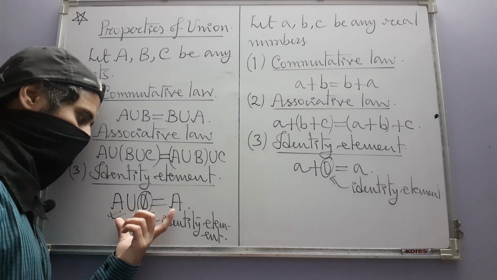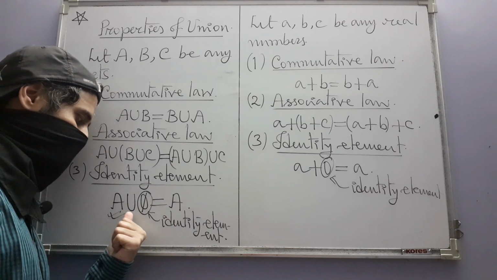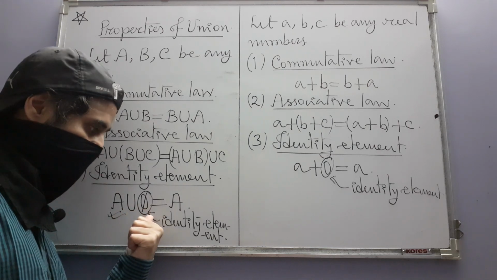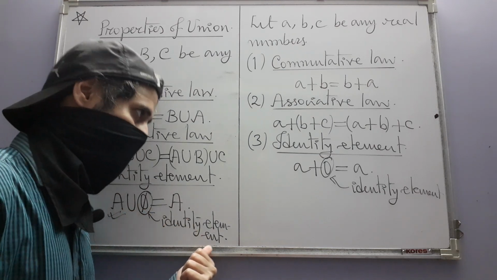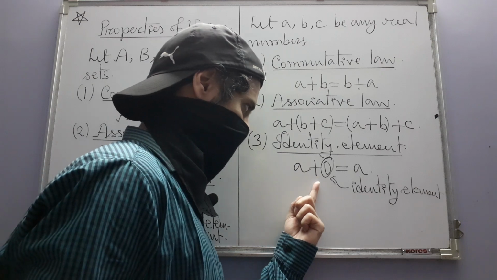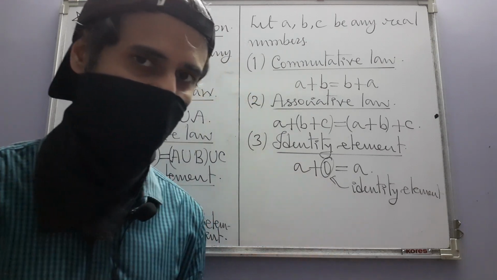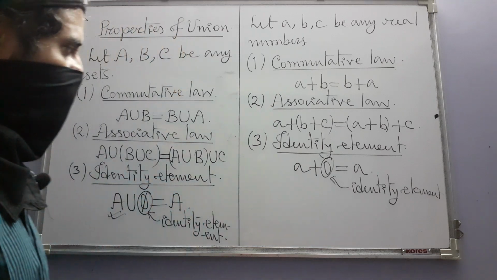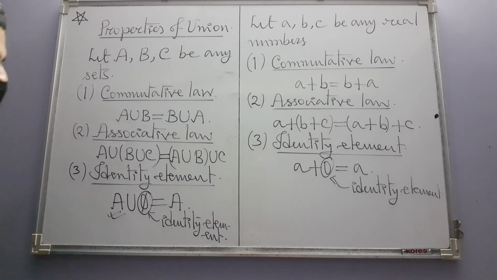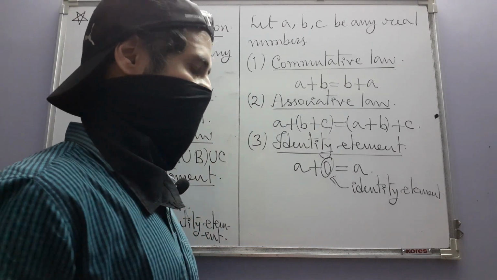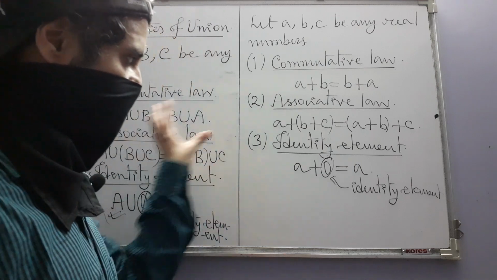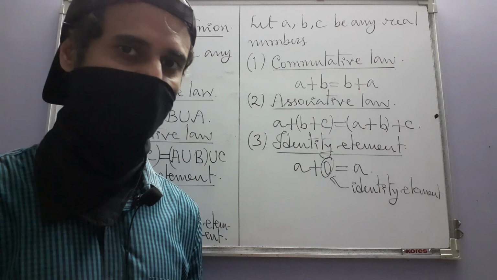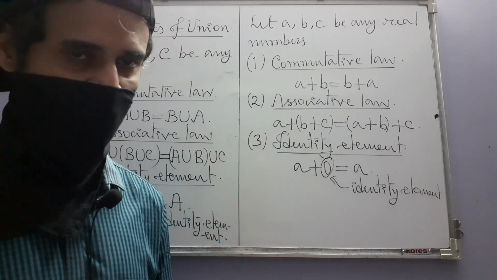In the universe of sets, as far as union is concerned, the empty set acts as an identity element. In the universe of real numbers, as far as addition is concerned, 0 acts as an identity element. Now, it is rather curious to think of the possible source of these things behaving exactly similarly, but that is not our concern right now.